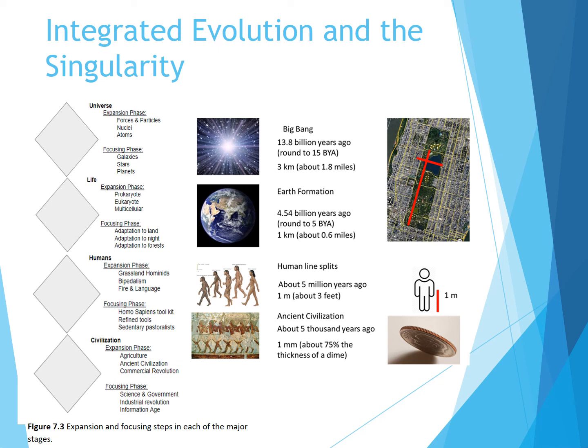The human line split would be about half the size of a person, about 1 meter. So you can see these time scales are getting really, really short, and then divide that by 1,000, and it's about the thickness of a dime, about 1 millimeter.